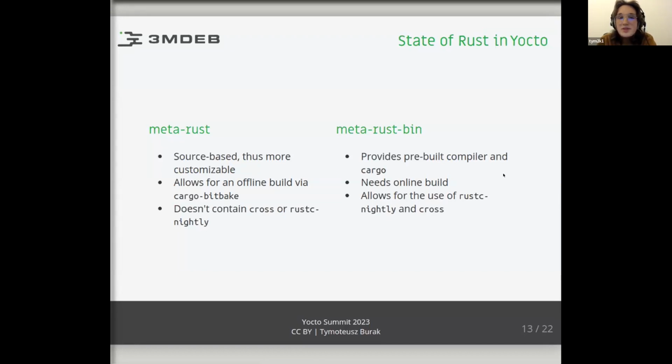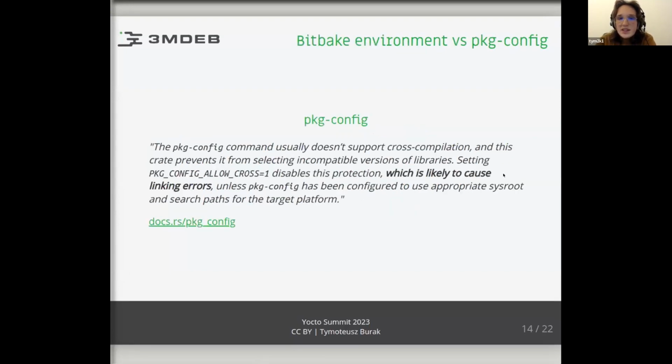But there were some issues with cross compilation. So some of the packages use the pkg-config crate in them. And as you can see, pkg-config doesn't really support cross compilation natively.